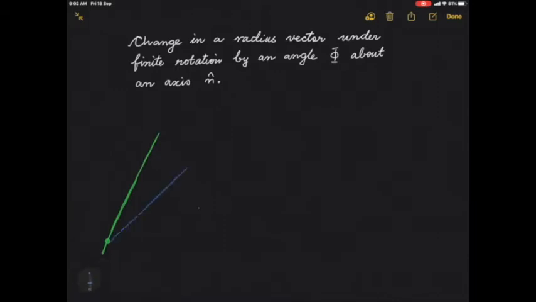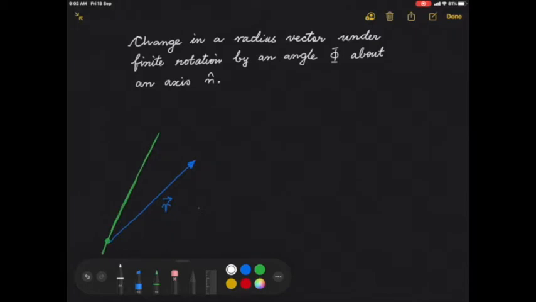And I have an origin in my axis, which is this point. Now I draw a vector. This is my vector. I call this vector the vector R. So this is the original orientation of the vector essentially.